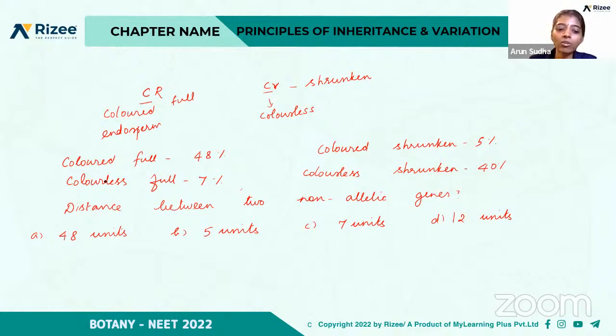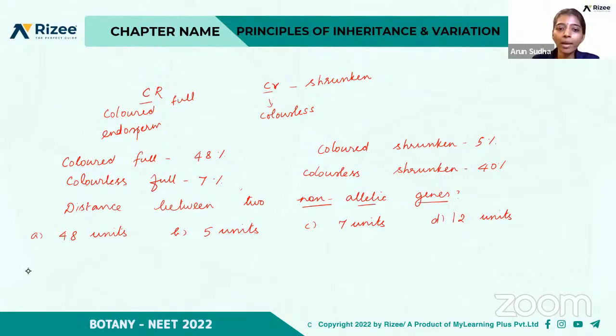When it is test crossed, it produces the 4 phenotypes in the following percentage. The distance between the two non-allelic genes is asked. Nandini, you are able to follow? Yes, ma'am. So what will be the answer for this?